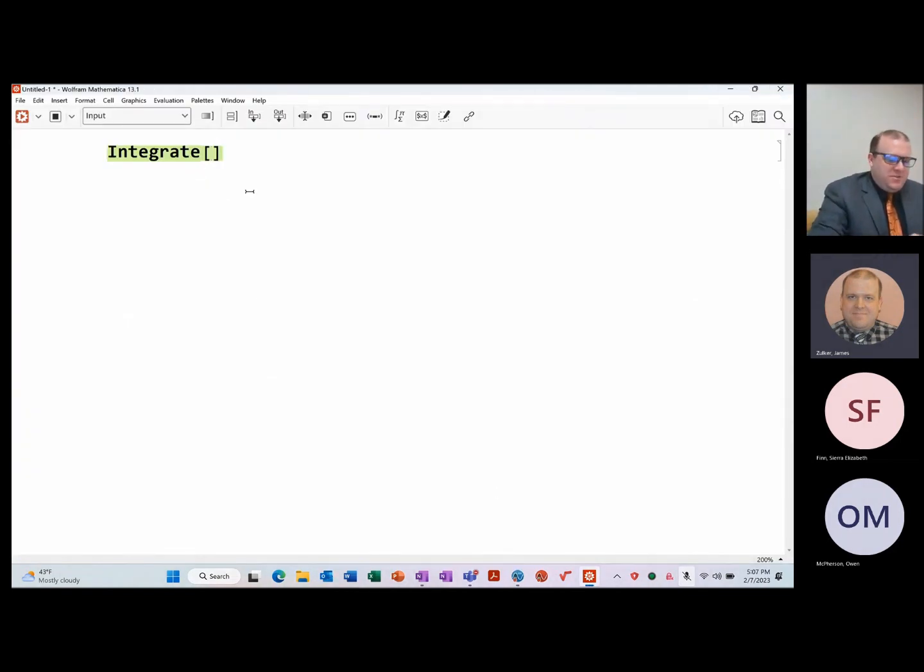Again, you need to enter the function. This one would not be partial fractions. And again, be careful with parentheses. And then with respect to x.